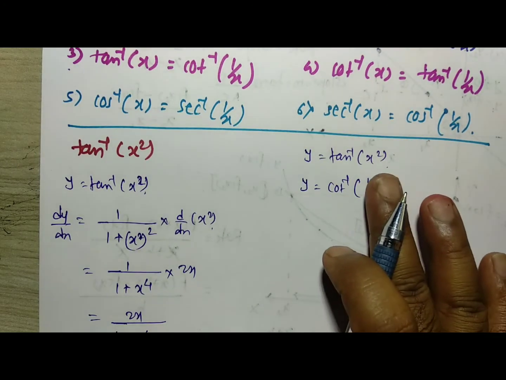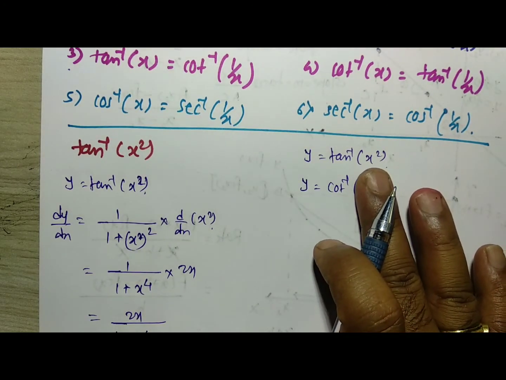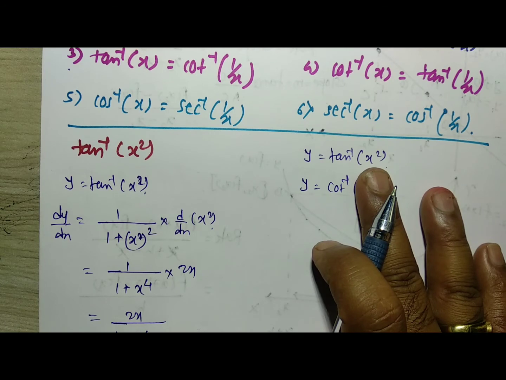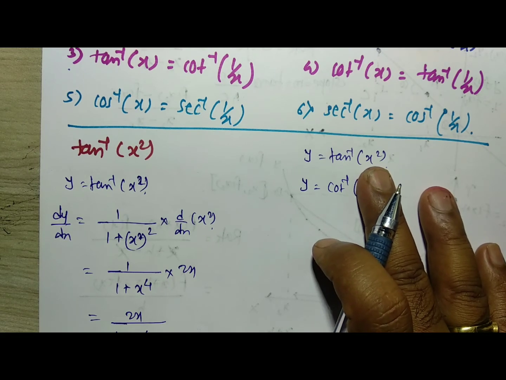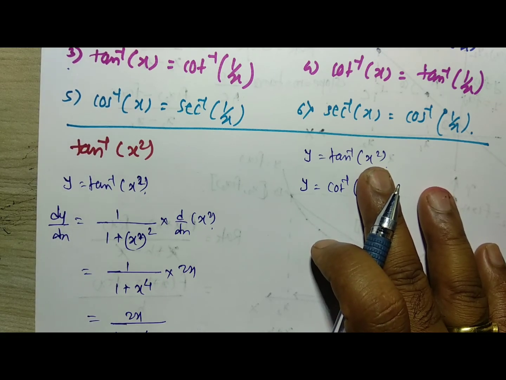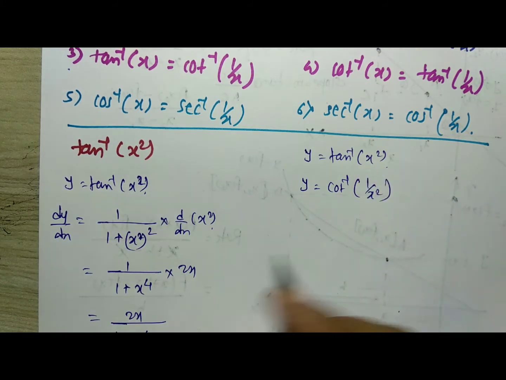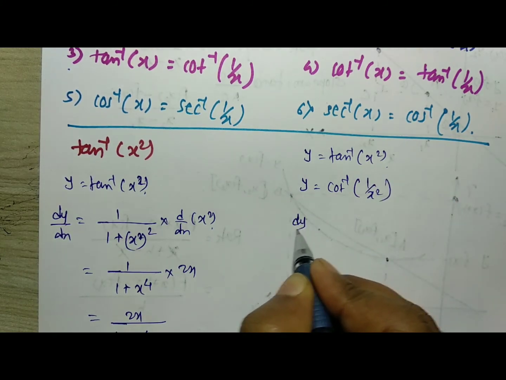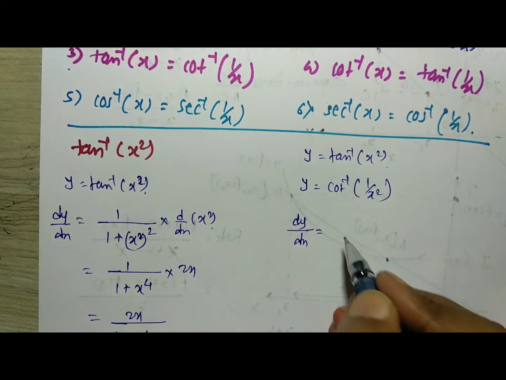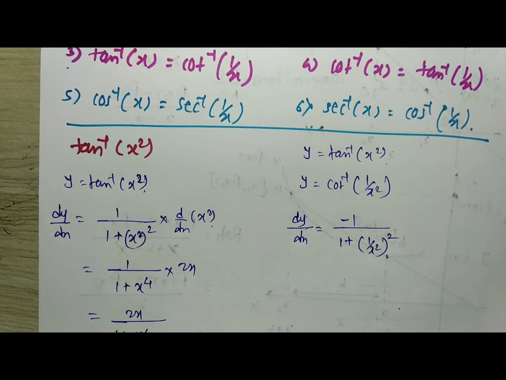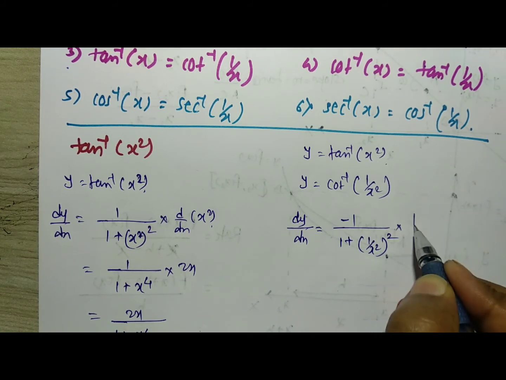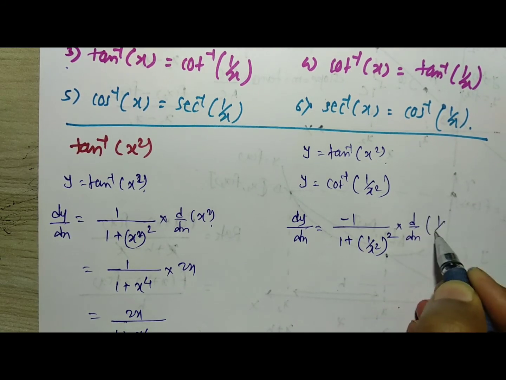Now we cover this 1 divided by x square with a finger and find the derivative of cot inverse. What is the derivative of cot inverse? Cot inverse x has the derivative minus 1 divided by 1 plus x square, and therefore dy by dx is equal to minus 1 divided by 1 plus 1 divided by x square, raised to 2, into d dx of 1 divided by x square.